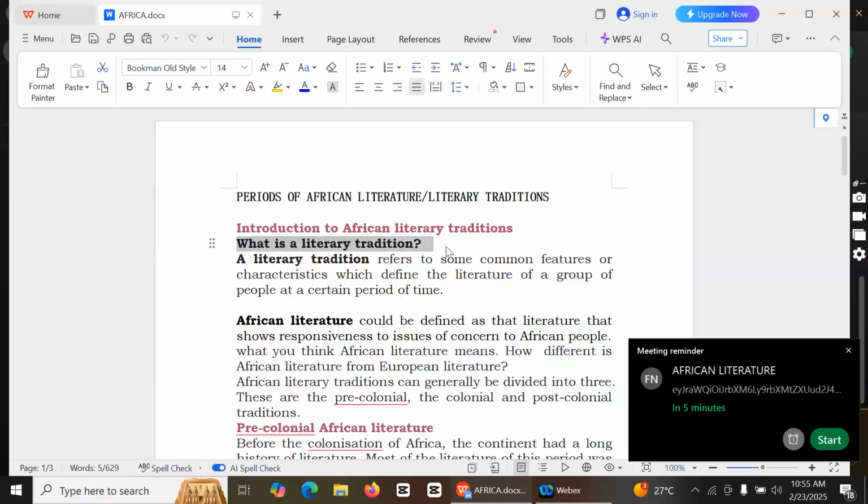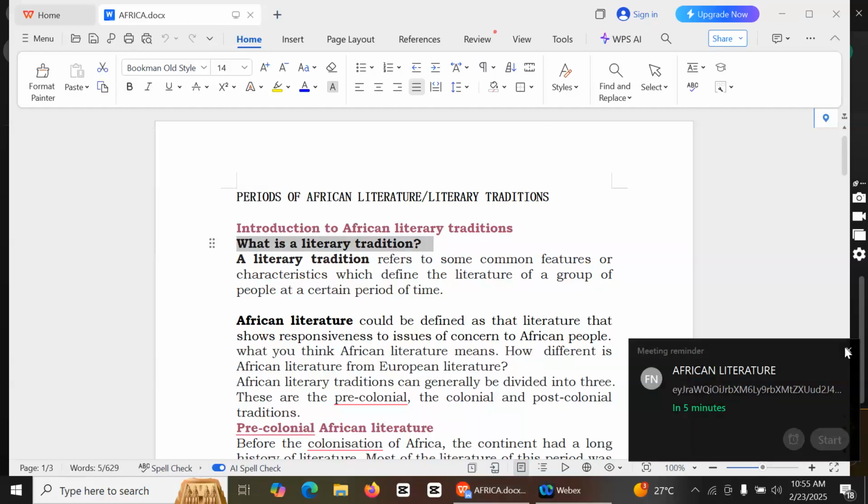In summary, we have seen that literary tradition refers to some features or characteristics which define the literature of a group of people at certain periods of time.